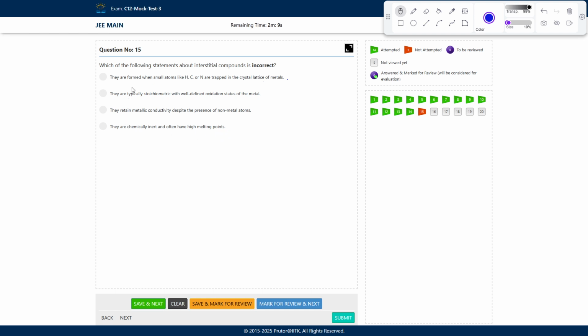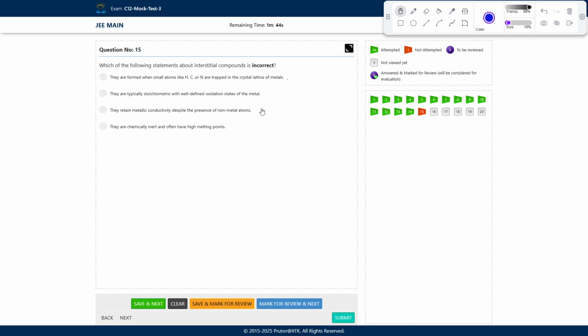So, if you remember the properties of interstitial compound we have studied, we have seen the definition of interstitial compound, that it is formed when the smaller atoms like hydrogen, carbon, nitrogen are filled or trapped in the vacant spaces of the crystal lattice of metal, right? So first statement is going to be the correct one. If you see the third one, that they retain metallic conductivity despite the presence of non-metal atom.